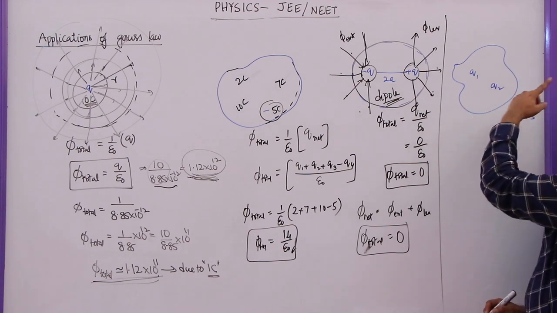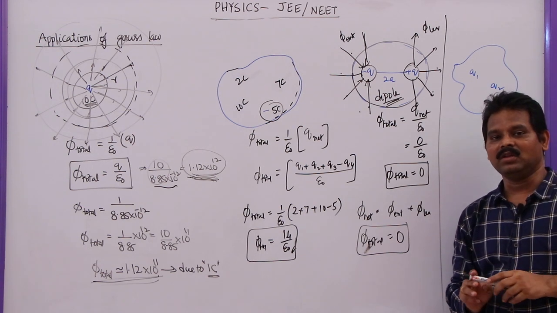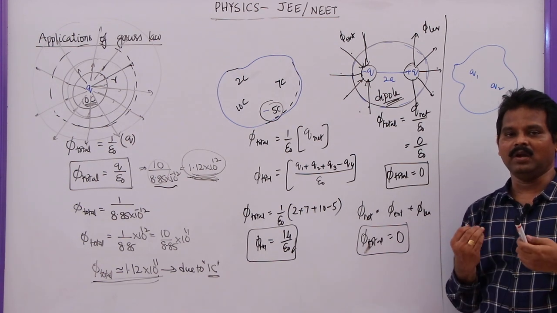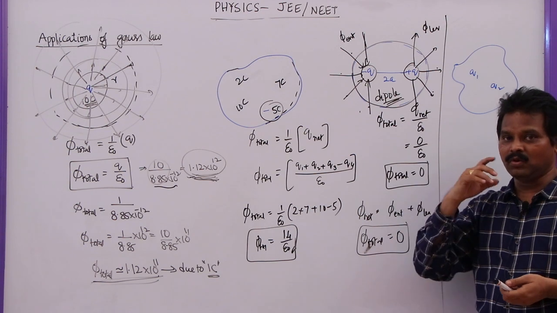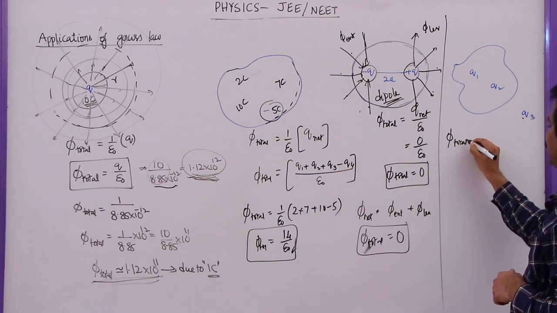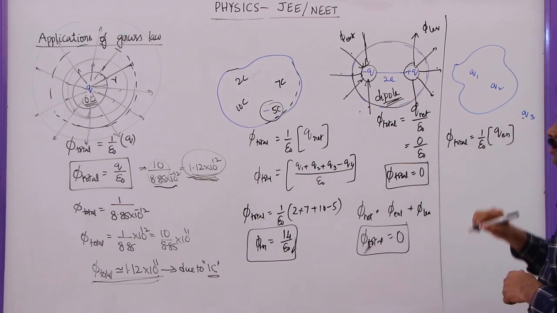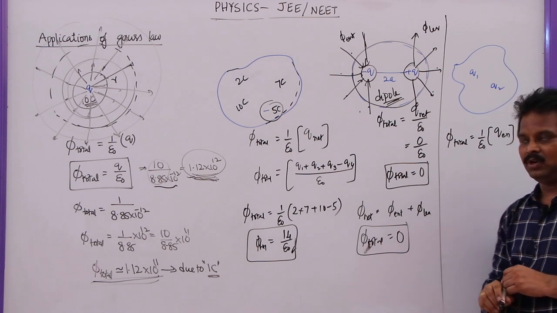Now here in the fourth diagram, if you observe this diagram, there are two charges Q1 and Q2 which are enclosed by a closed Gaussian surface, and one more charge Q3 is just kept outside the closed Gaussian surface. Now how to find out the flux passing through the closed Gaussian surface? Here I can write the total flux is given by 1 by epsilon naught times the charge enclosed by the Gaussian surface only.